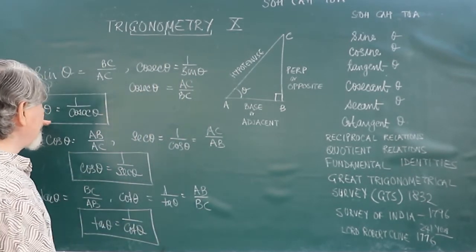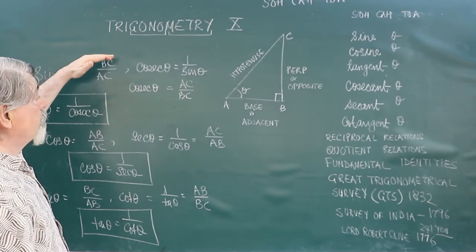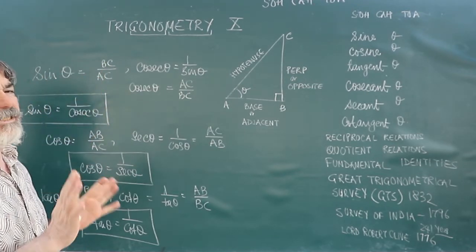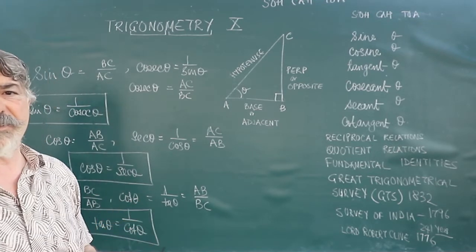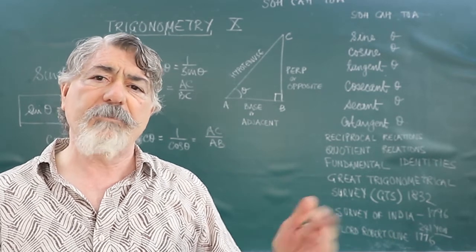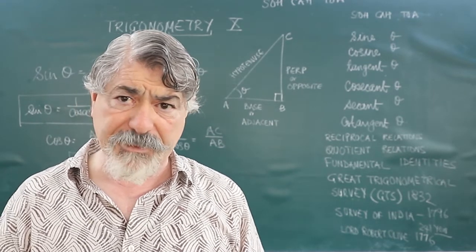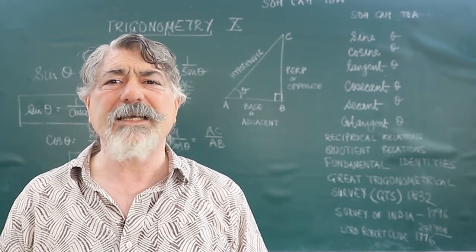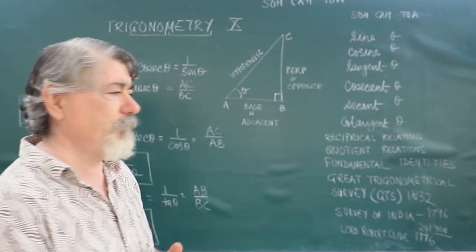First thing, reciprocal relations we are going to discuss. Please understand, sine theta is perpendicular upon hypotenuse or opposite upon hypotenuse, whichever you choose, Pandit Badri Prasad or SOH CAH TOA, or some people have curly brown hair through proper brushing, whichever is convenient to you, use that. I generally like to use perpendicular, base and hypotenuse.